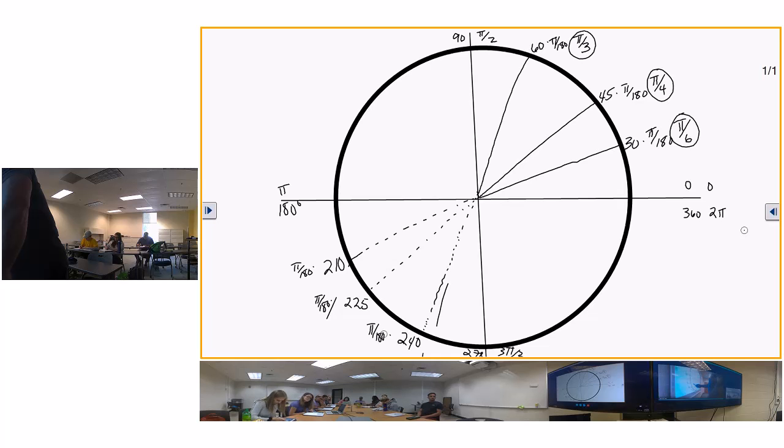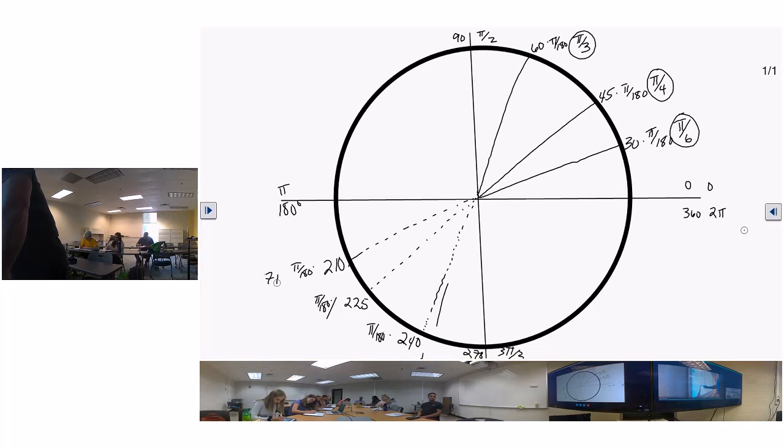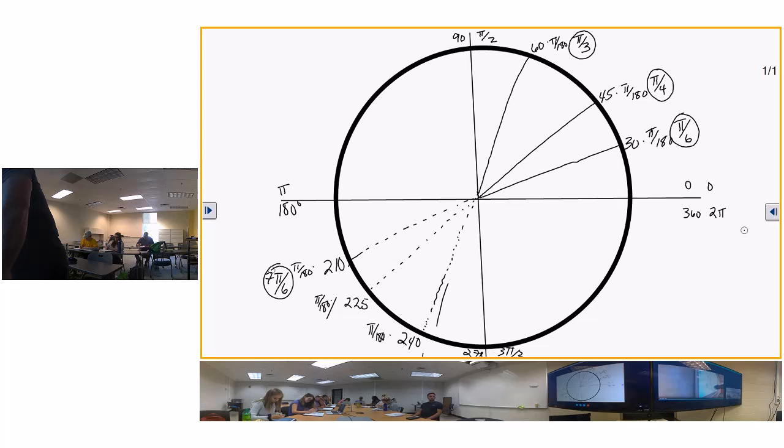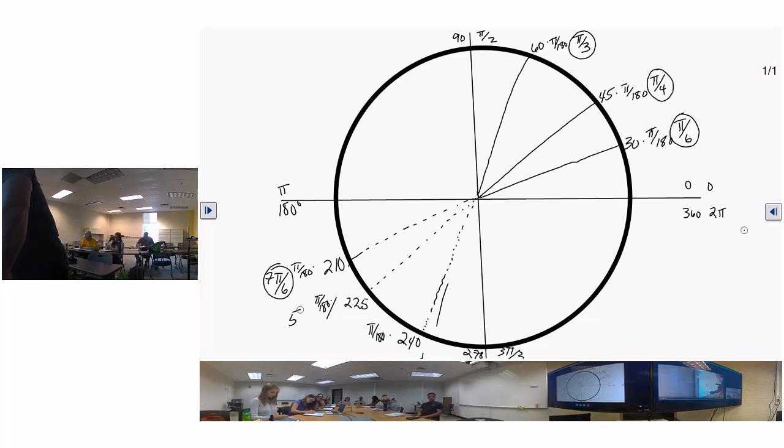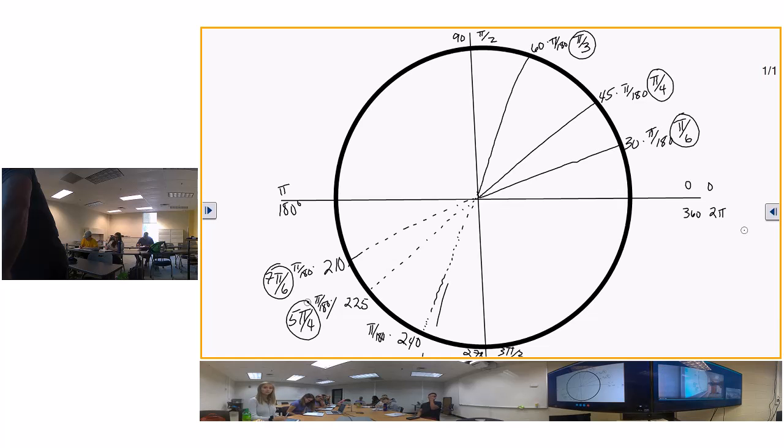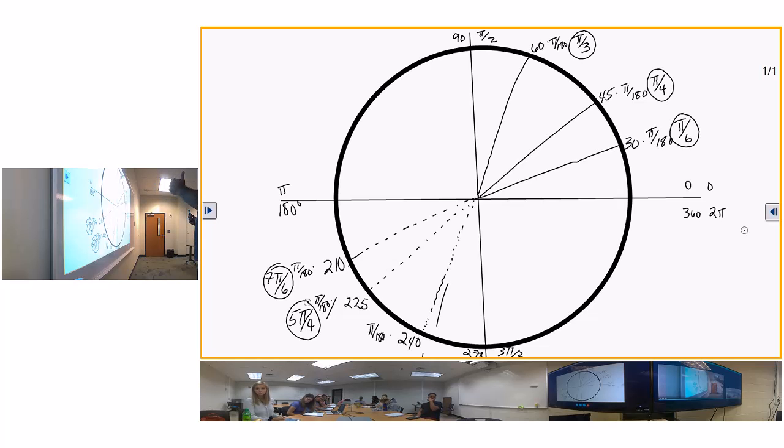Somebody check me. 225 over 180, what does that come out to be? 5 pi over 4, shouldn't it? And 240 gives you 24 over 18, which is 8 pi over 6, or 4 pi over 3. Somebody check me.